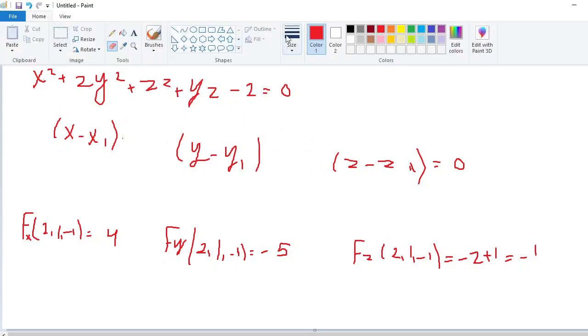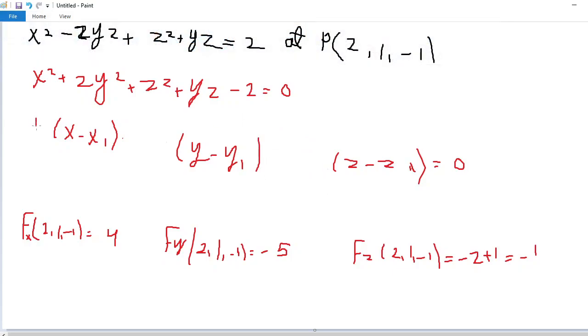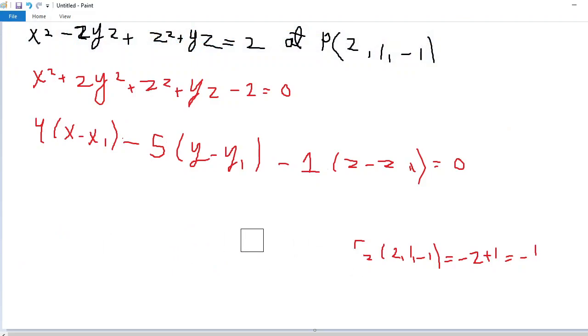So here I can write 4, here negative 5, and here negative 1. From this step, I can remove those values that I don't need.